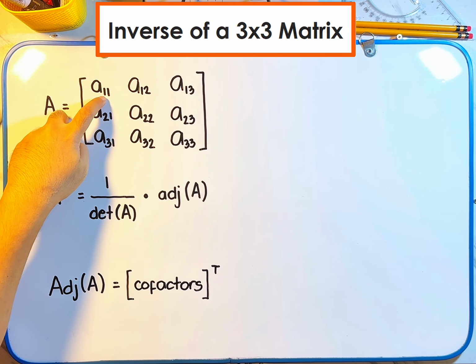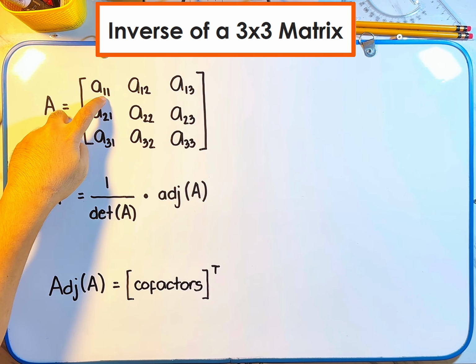Therefore, the determinant is equal to 4 minus negative 6. 4 plus 6 is equal to 10. So the determinant of matrix D is equal to 10.